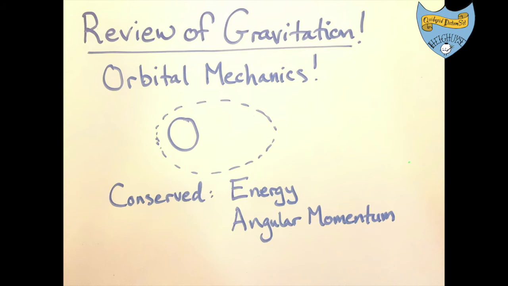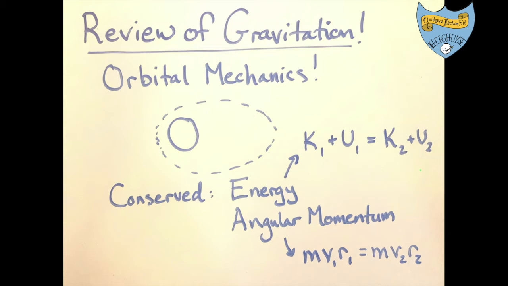So first of all, when you're looking at an orbit, there are two things conserved during that orbit: energy and angular momentum. If something's moving in a circular orbit, then we don't have to get that fussy about it, because the speed of it is going to be a constant. But there's a type of problem where they'll give you an elliptical orbit and say, at perihelion it's here, at aphelion it's over here.